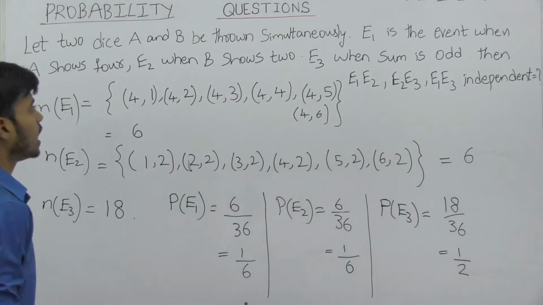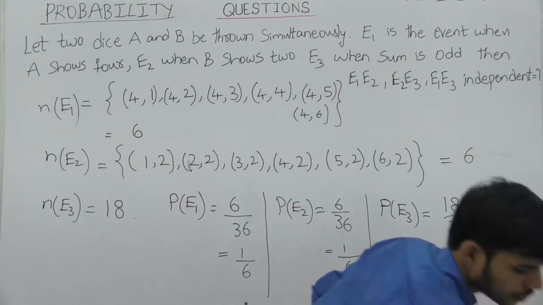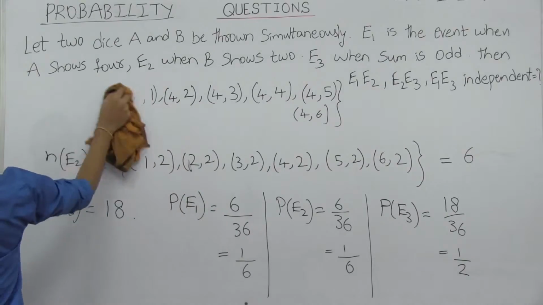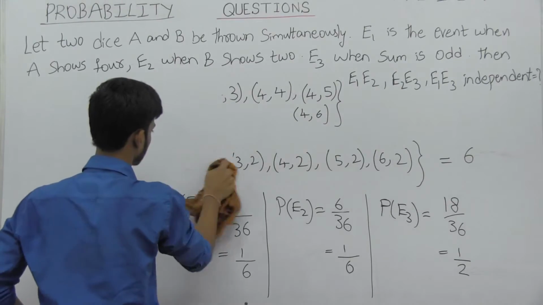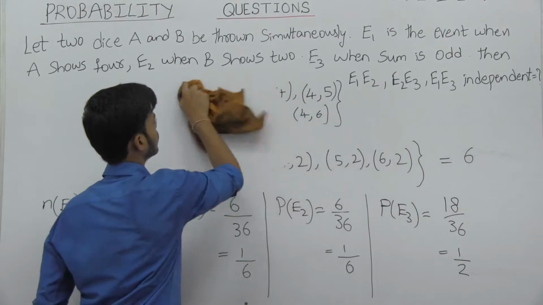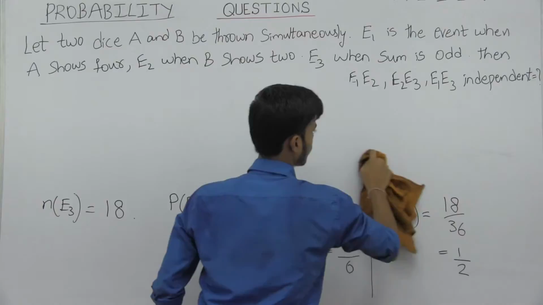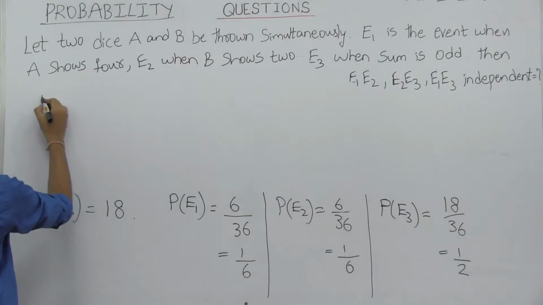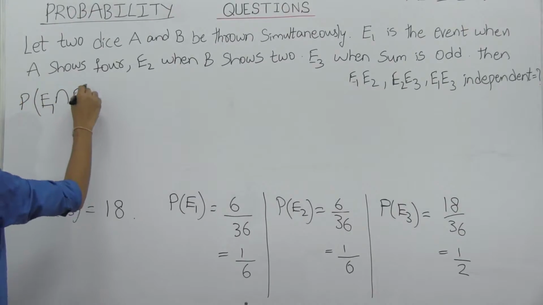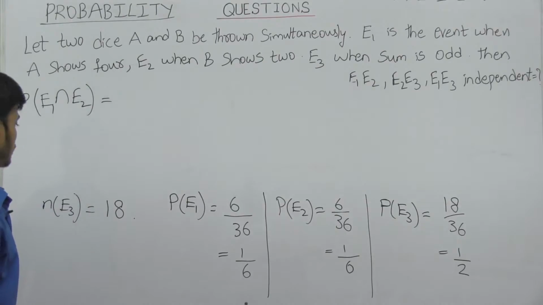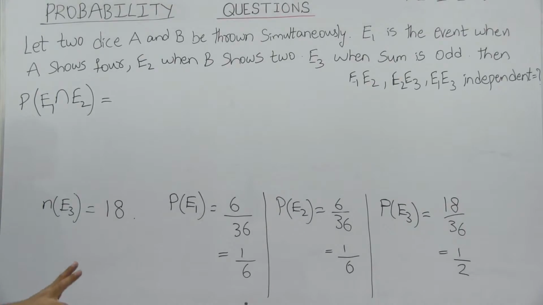Now we are asked to check whether E1 and E2 are independent. So the probability of E1 and E2 occurring together: E1 is the event when A shows 4.